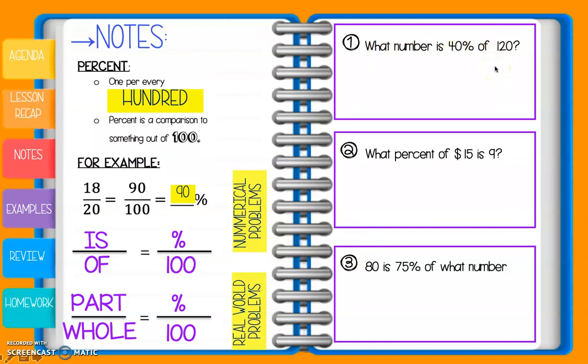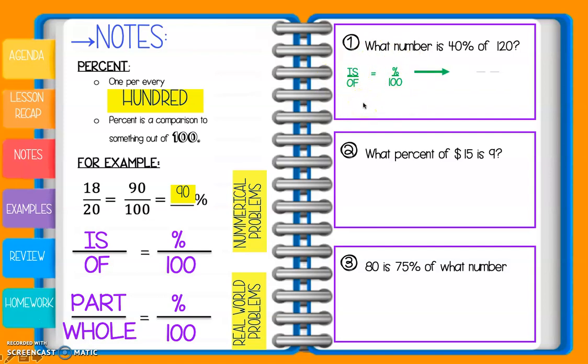The very first step is to set up and show which percent proportion we're using: is over of equals percent over 100. This is part of your work. This is showing me how you know how to set up your proportion, so you must write this for each question.